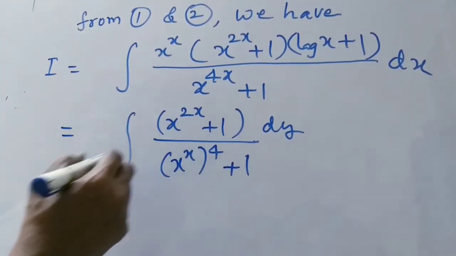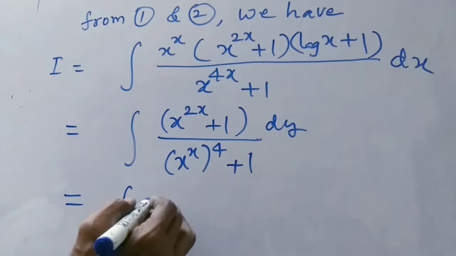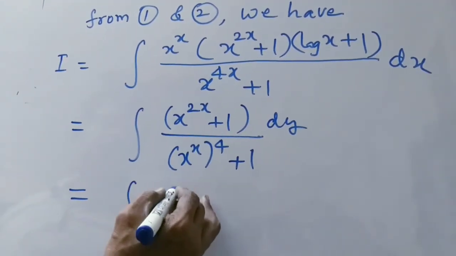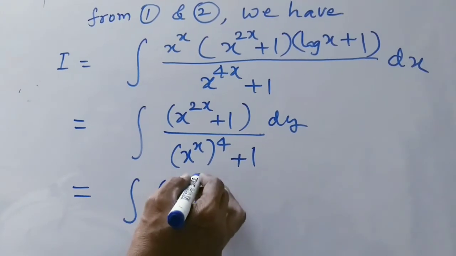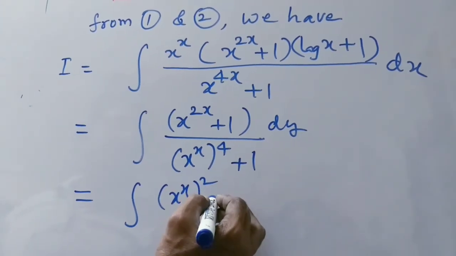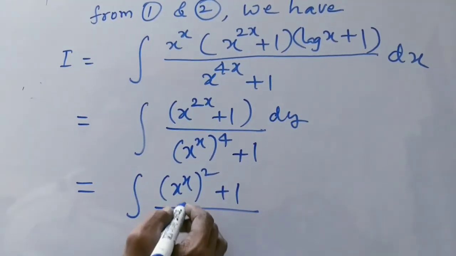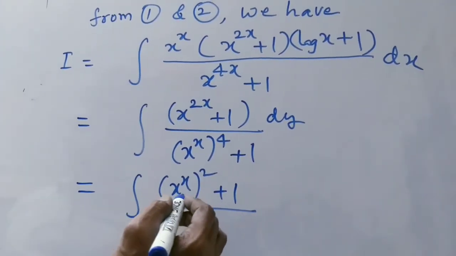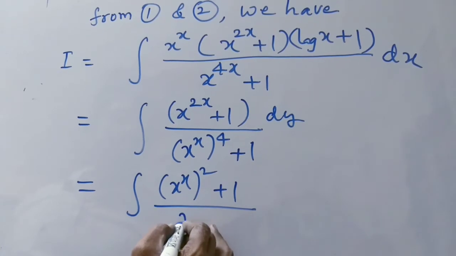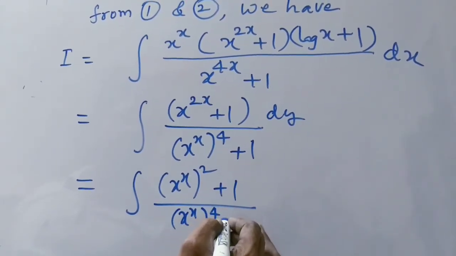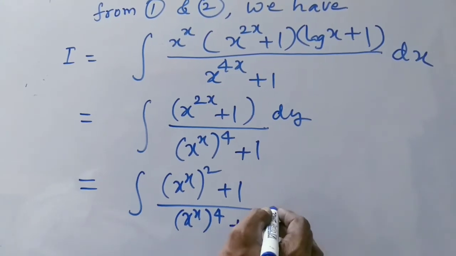So the integral becomes x to the power of 2x, which is x to the power of x whole to the power of 2, plus 1, by, in the denominator also the same thing, x to the power of x whole to the power of 4 plus 1 dy.